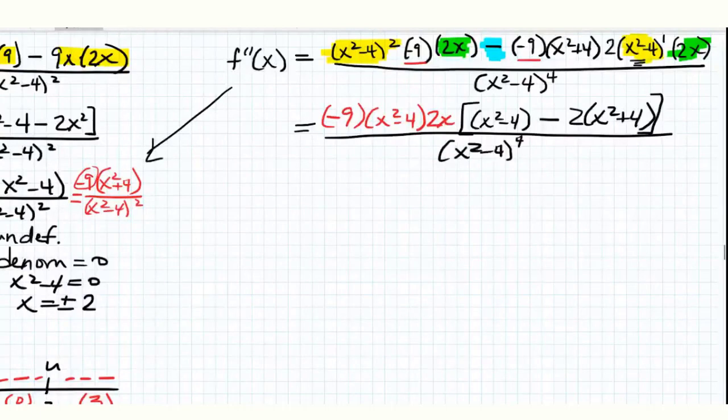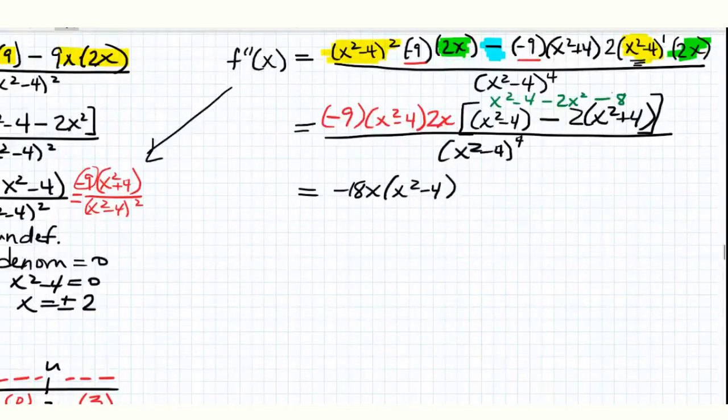So now we're going to simplify a bit inside of those brackets. So we have x squared minus 4 minus 2x squared minus 8, with -18x times x squared minus 4 out front. It's good to leave it factored out though, because we're going to want to see if we can reduce in a minute.